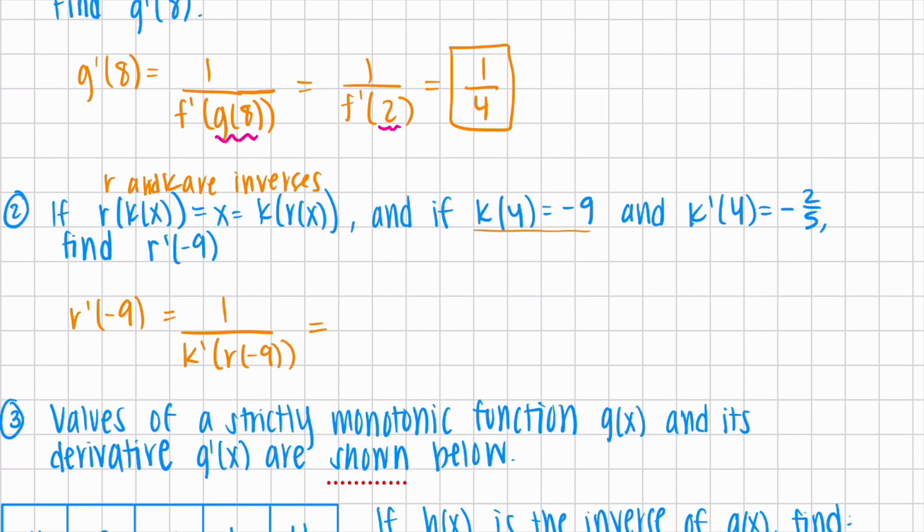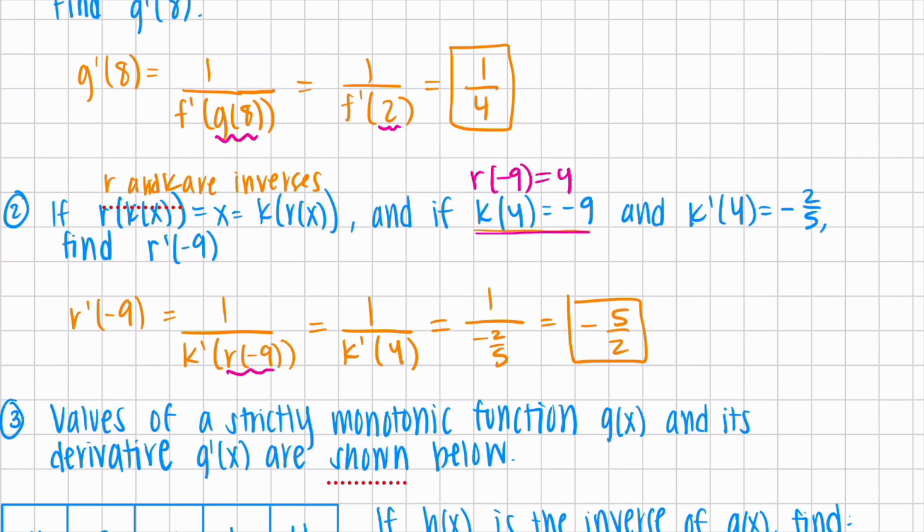So I need to start by figuring out r of -9. Same thing, notice they gave us k of 4 equals -9. That means r of -9 has to equal 4 because k and r are inverses of each other. So I get 1 over k prime of 4. Notice they gave us k prime of 4. That's -2/5. Simplify, we get -5/2. And that is my r prime of -9.